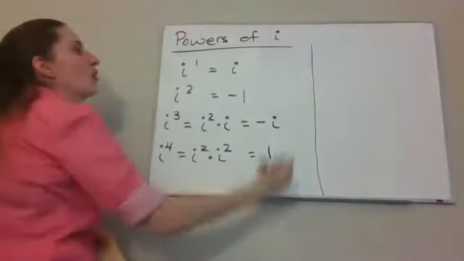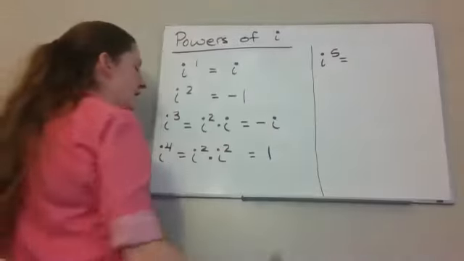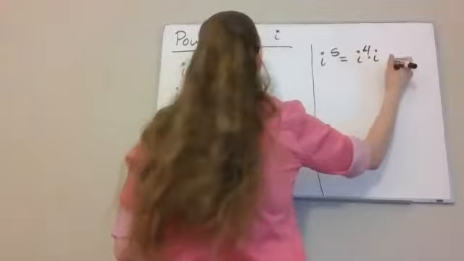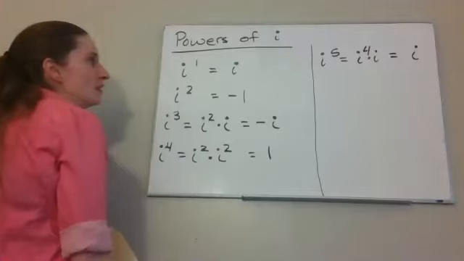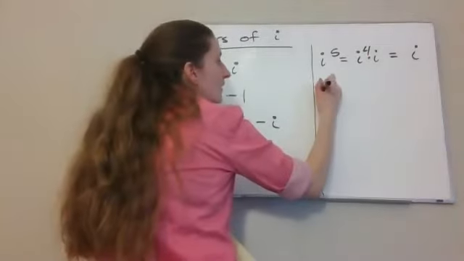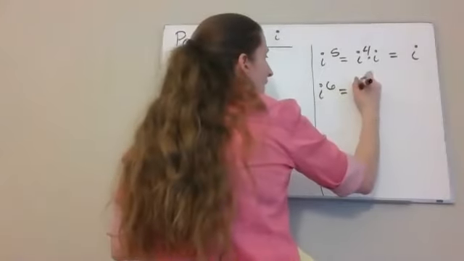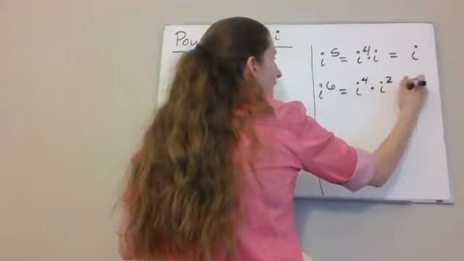Let's continue with some more powers. i to the fifth, well, that's the same thing as i to the fourth times i, which is 1 times i, which is i. i to the sixth, well, that's the same thing as i to the fourth times i squared.